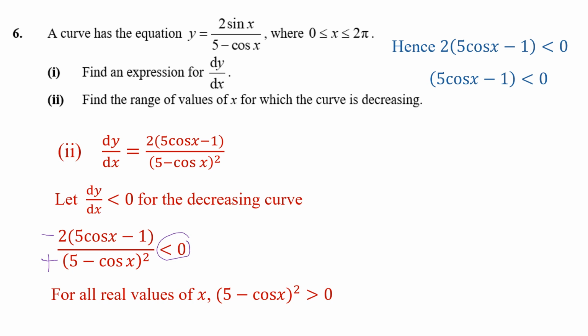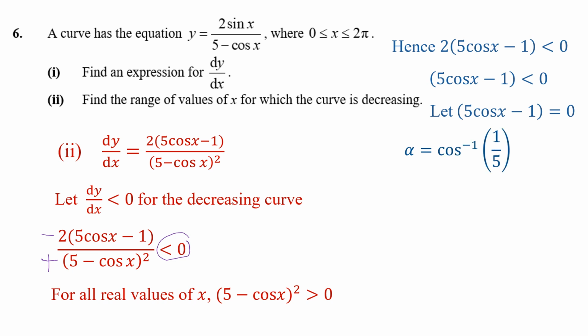For solving inequality, you must watch out. It's not the same as solving an equation. That goes back to your chapter 2 or chapter 3 in the syllabus, solving inequality. We have to draw the quadratic curve, but to do that, let's find your x-intercepts first. To find the x-intercept is like solving the equation 5 cos x minus 1 equals 0.